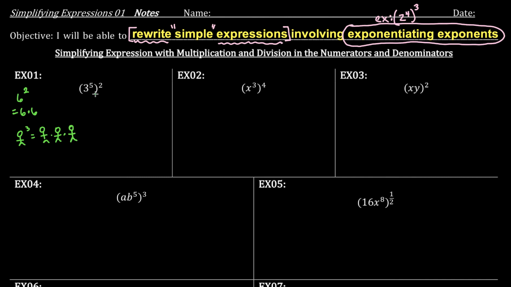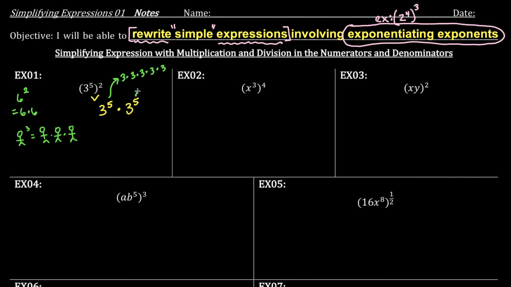So right here is 3 to the 5th power to the 2nd power. 3 to the 5th power squared. This means 3 to the 5th times 3 to the 5th. I want to remind you that 3 to the 5th means 3 times 3 times 3 times 3 times 3.